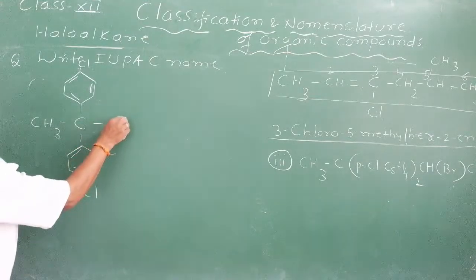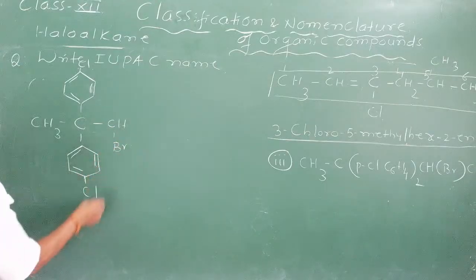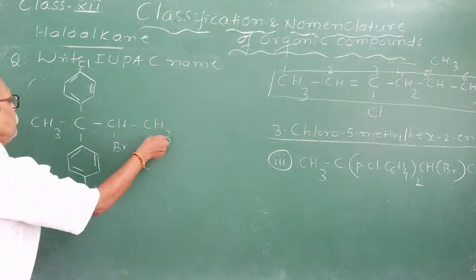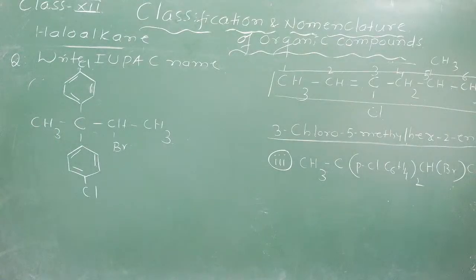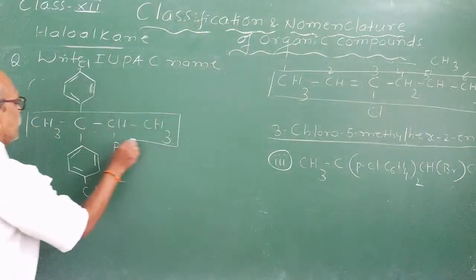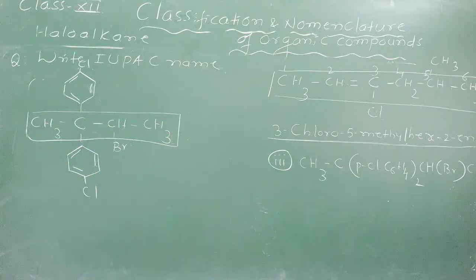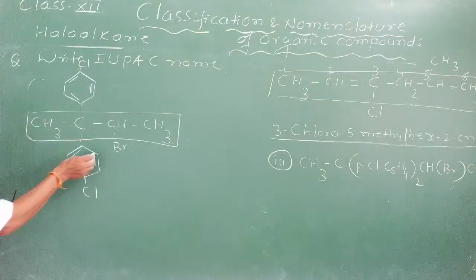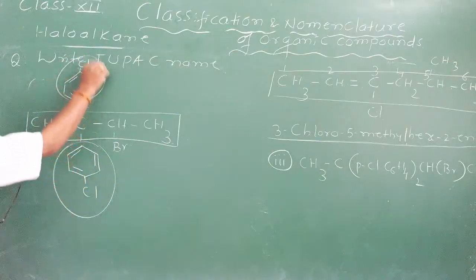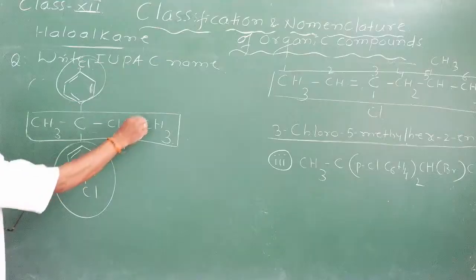Next you have CH. Br is in the side chain. Then you write CH3. Select the longest chain and try to name the compound. You can select the longest chain. Longest chain is but. Numbering: from which end are you numbering? These are considered as substituent groups now. This is bromo, number 8.